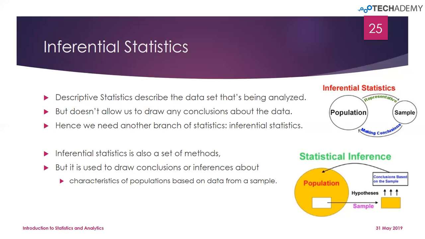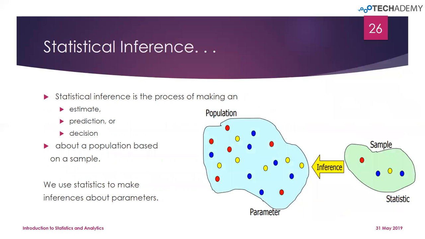So there is another branch called inferential statistics. It's also a set of methods, but it is used to draw conclusions or inferences about the characteristics of a population based on data from a sample. I will give you an example for that.